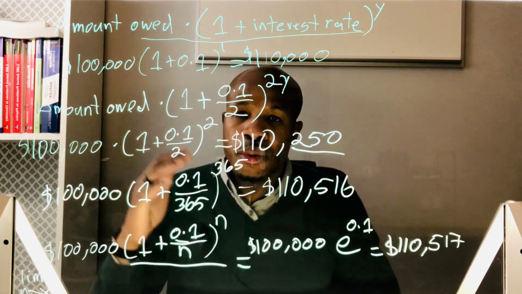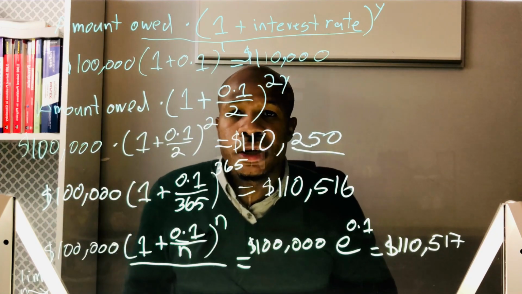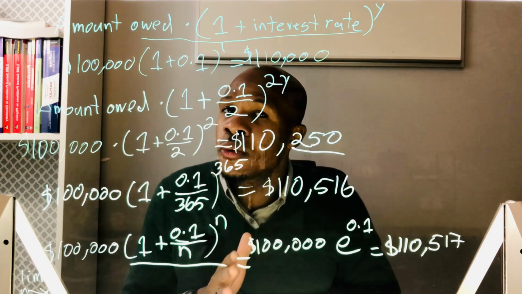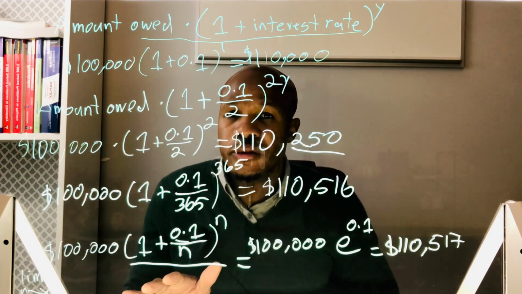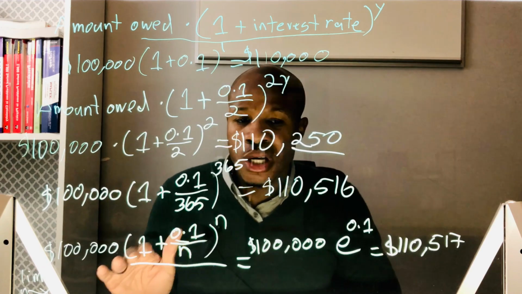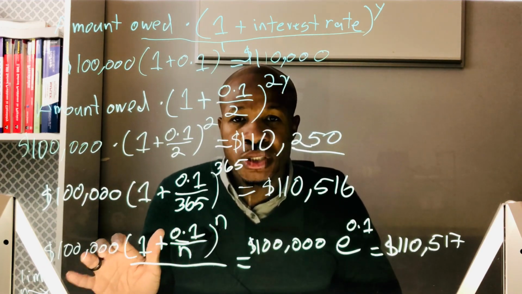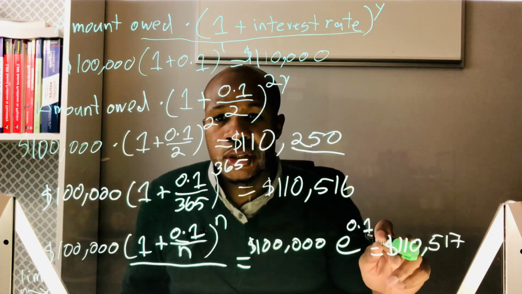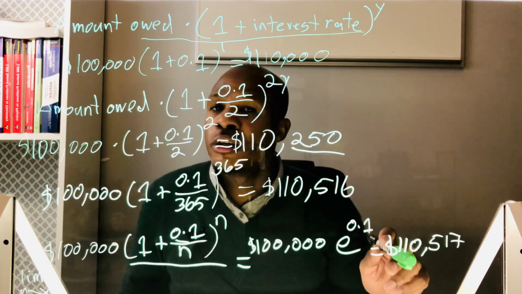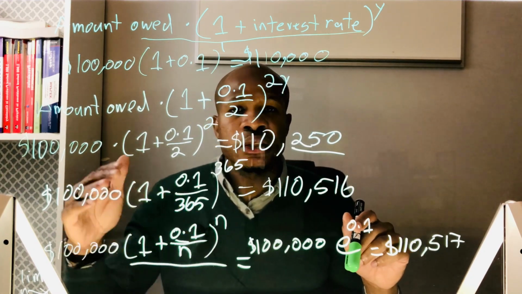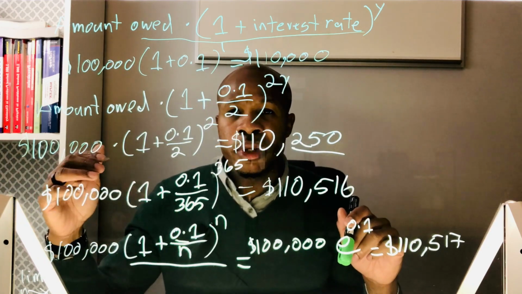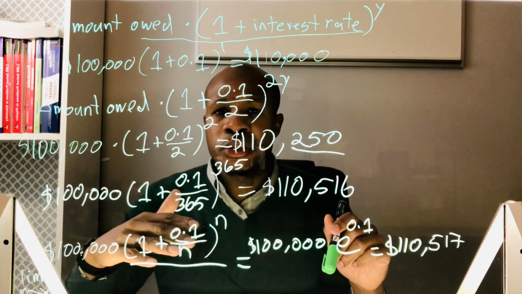So the moral of the story here is that knowing the interest rate itself is not enough. You must know how often interest is compounded, because it's going to make a difference. And the more frequently interest is compounded, the more interest builds up at the end of the year. So you can have an interest rate that's 7%, and then another company that offers you an interest rate of 6%.